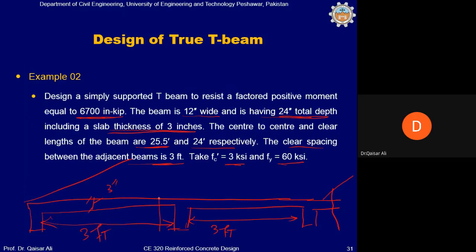Total depth of the beam is 24 inch. So the web portion will be 24 minus 3, 21 inch, and this will be 3 inch. The total is 24 inch. The length of the beam from support to support is how much? 25.5 feet is center to center, and clear is 24.